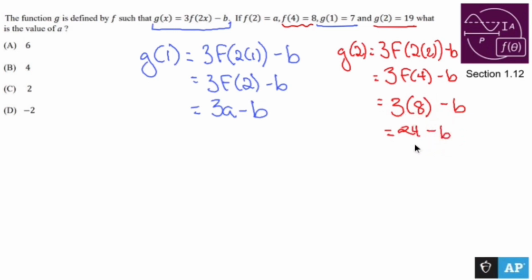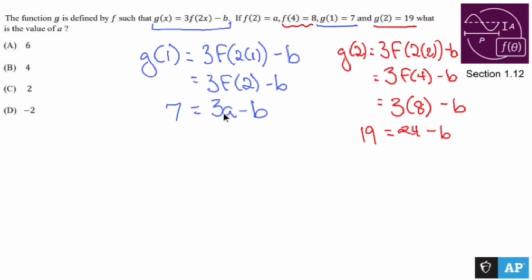Now, this is what else we know. I know that g of 2 is also 19. I also know that g of 1 is 7. So what I can do is solve both of these equations and see what I come up with.